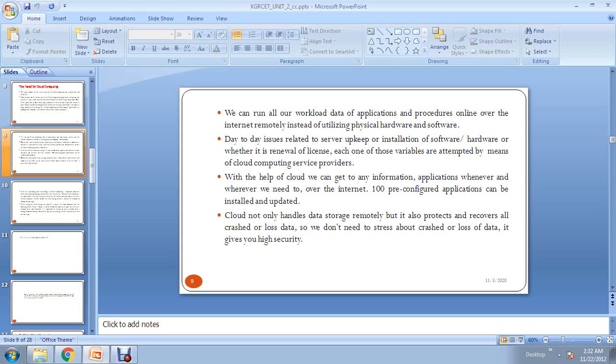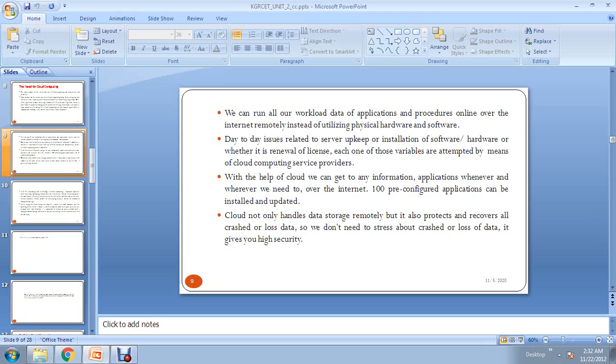You have to give each person some salary. Now all these can be reduced by using cloud computing. Why? Because the people who provide the cloud services automatically upgrade your software, upgrade your license, and so on.